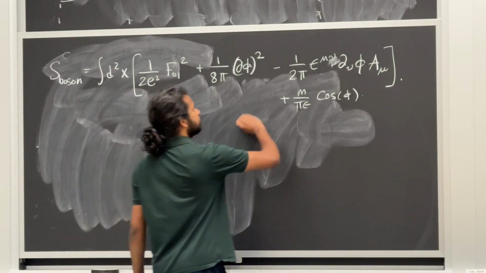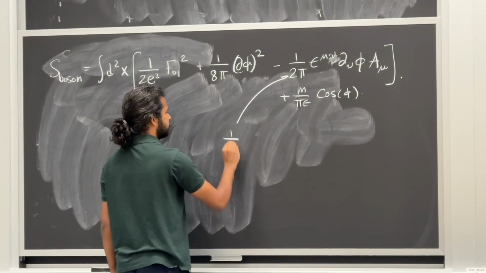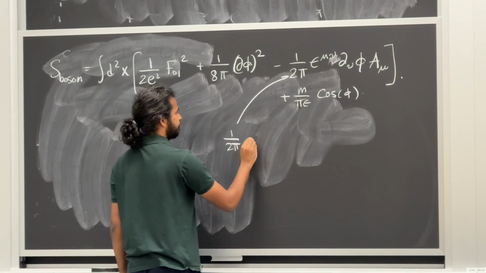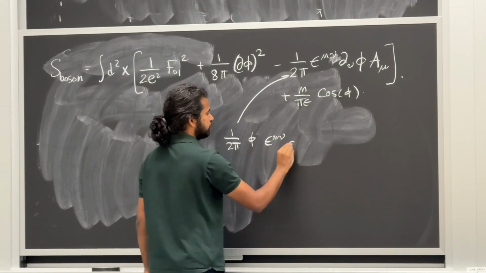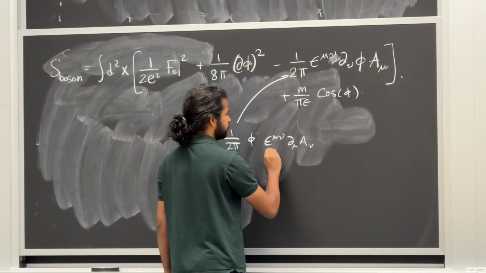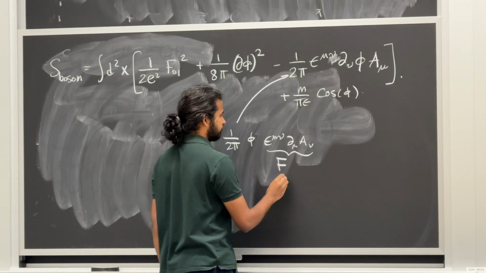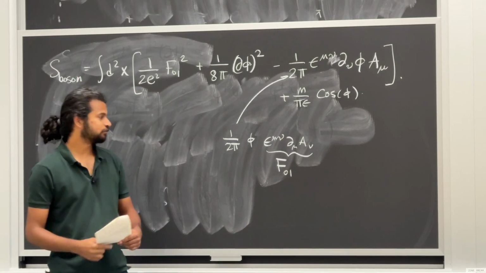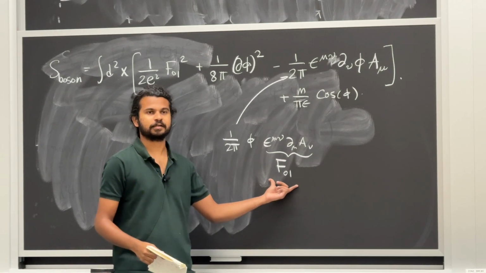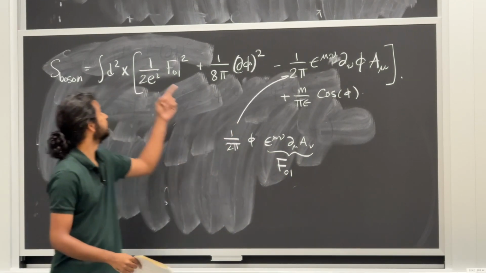And this term, we can integrate by parts to get 1 by 2 phi, so mu, which is nothing but f01. Right? We just have f01 is the only non-zero independent component of the electromagnetic tensor in 2 dimensions.